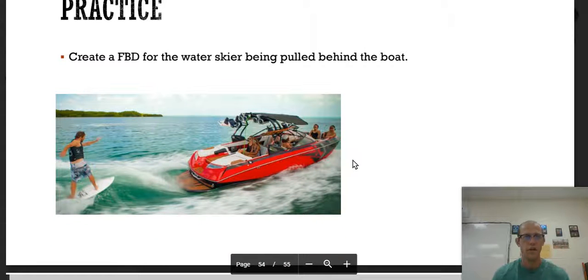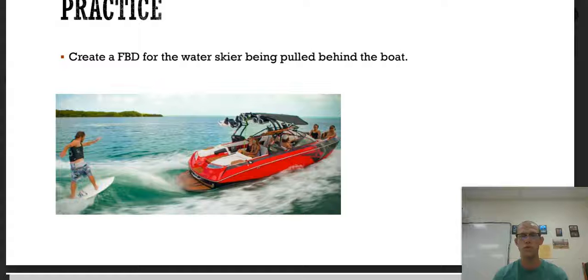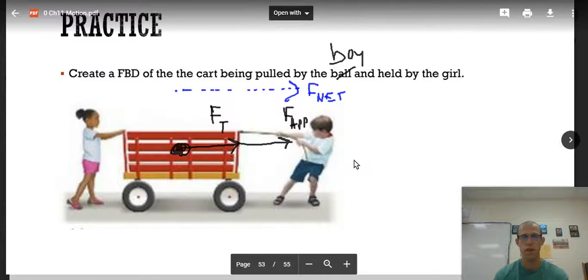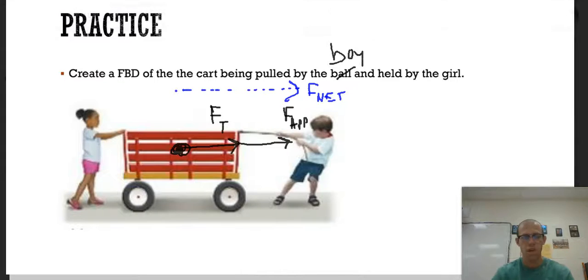All right. Create a free body diagram of the water skier being pulled behind the boat. Oops, I forgot one thing. Sorry about that. Up on this one, we forgot to label two very important forces. There's always a force due to gravity, unless you're in outer space and not near an object. And there's also a normal force.